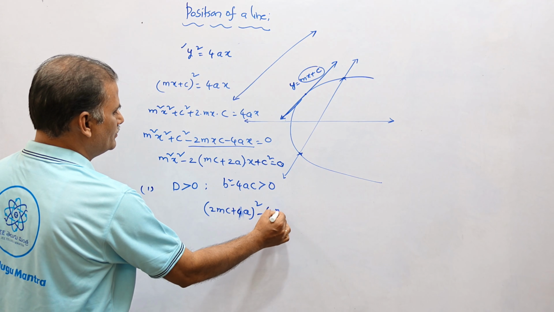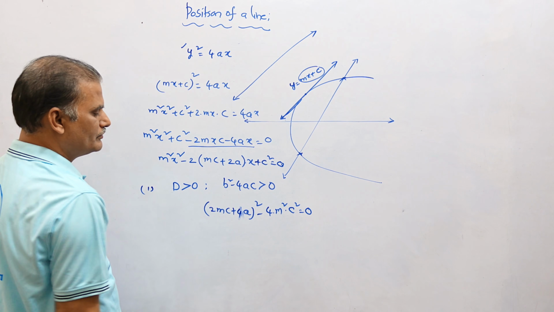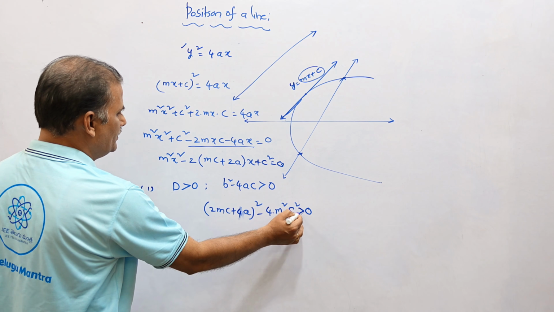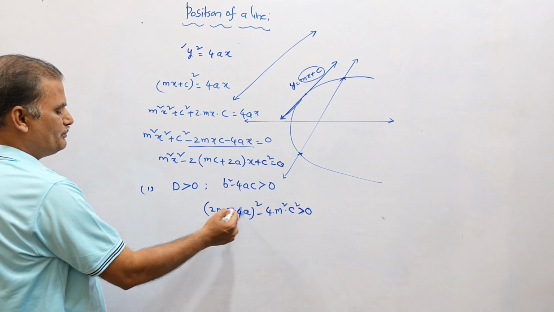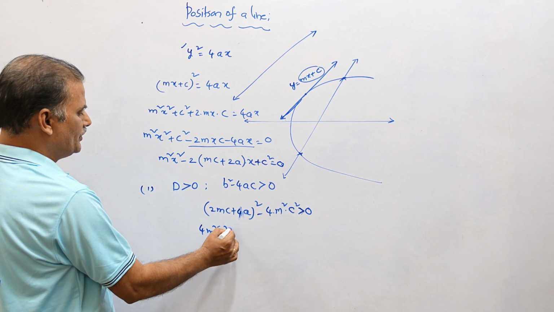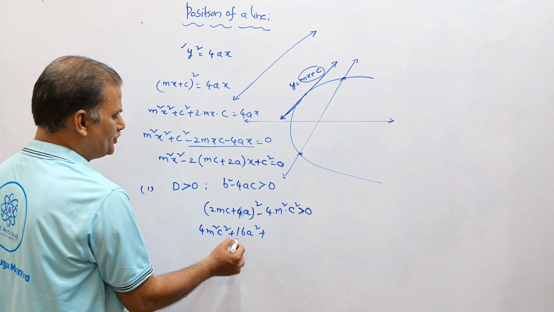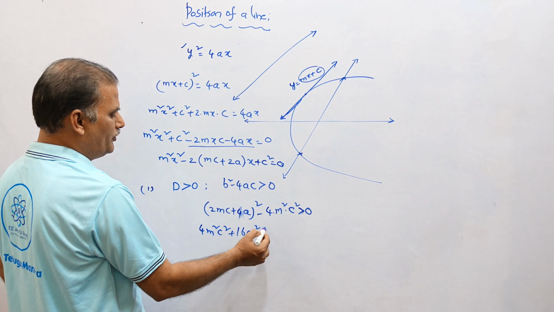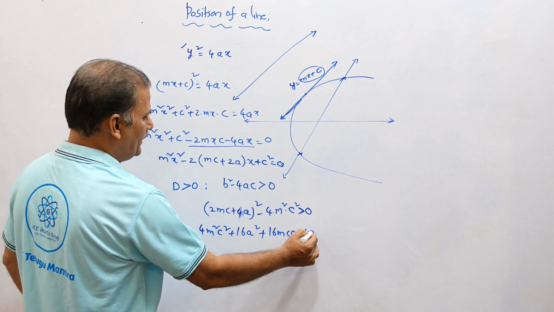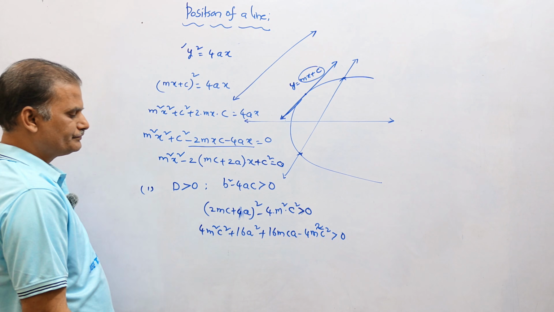Minus 4 into a into c is equal to 0. First you take greater than 0. Next, by applying (a plus b) whole square, 4m square c square plus 16a square minus 16mca minus 4m square c square is greater than 0.